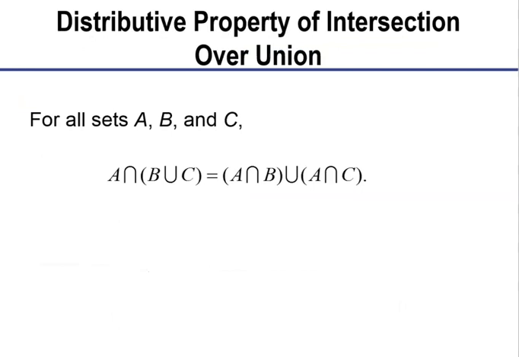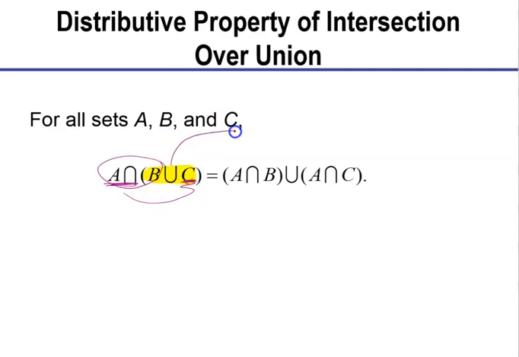There's even a distributive property, which is pretty interesting. What does this really mean? Notice here, on the left, B union C are grouped together. So you would do that calculation first, and then you would take the set A and find out what's common between A and B union C. But if you like, you can group these two together, and then separately, with the intersection included, group these two together.